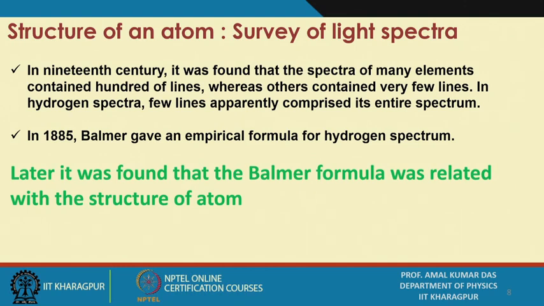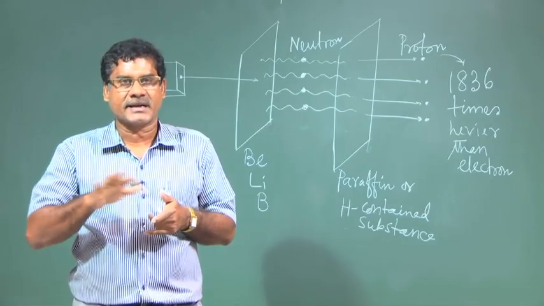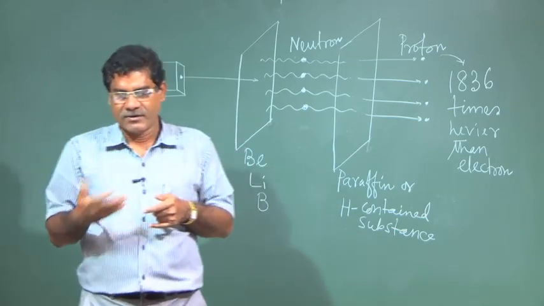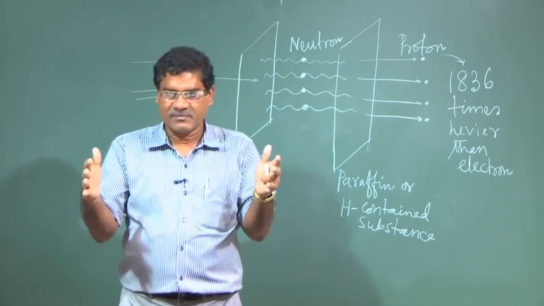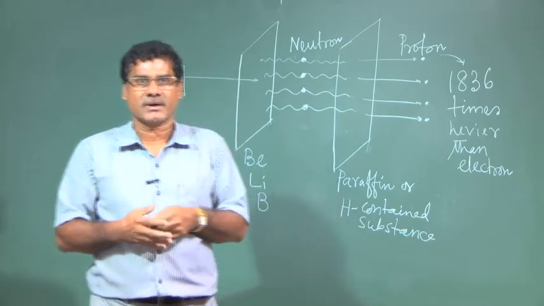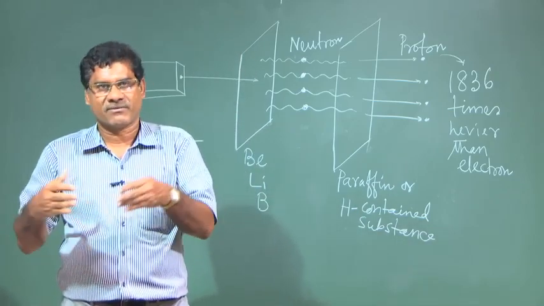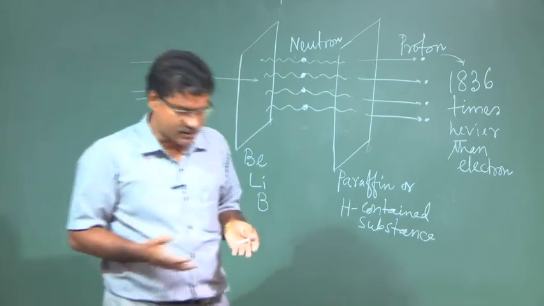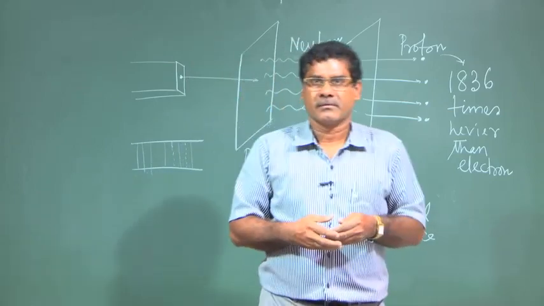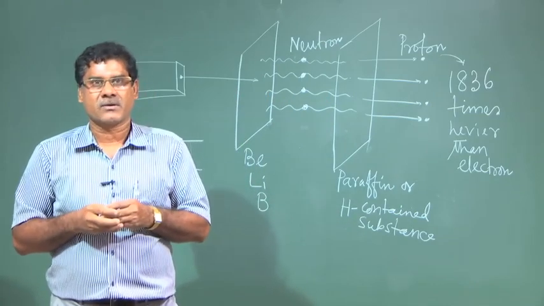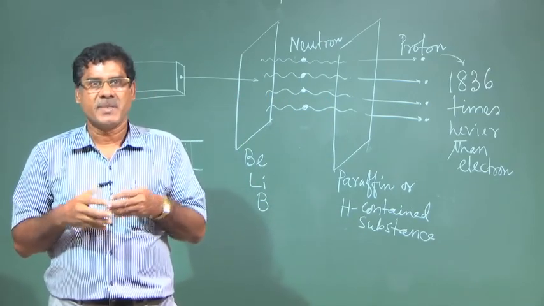In hydrogen, a few lines apparently comprised its entire spectrum. So the hydrogen spectrum contains very few lines, but there are many other elements whose spectrum contains many lines.